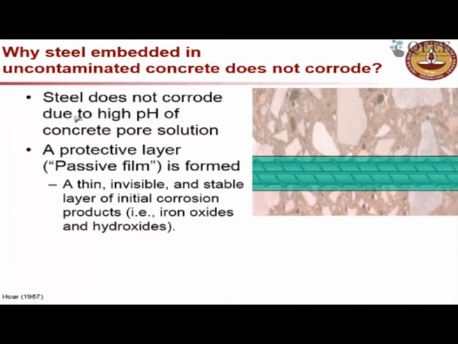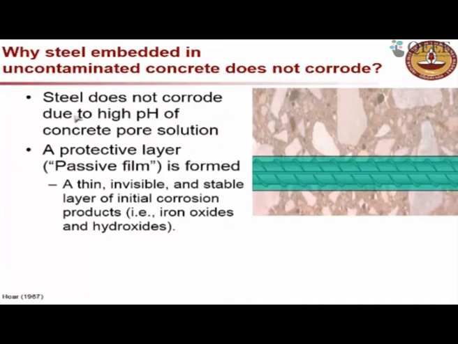Because of this feature of the passive film, it protects the steel from further corroding. Like if you think about a copper plate, remember the green coating which forms on the plate; that is nothing but the initial oxide layer. Like that, the layer protects the metal beneath it from further corrosion.